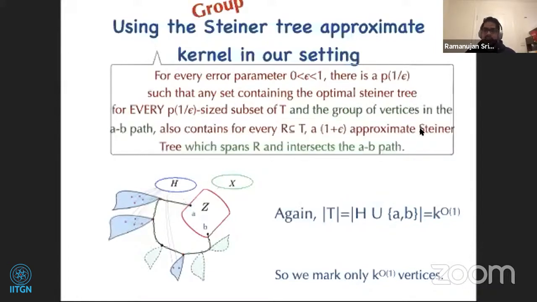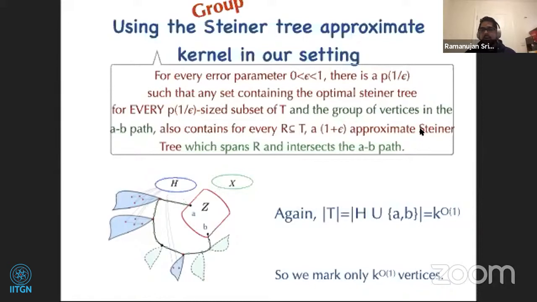Now, this Steiner tree lemma alone is not sufficient. You also need a slightly different variant for the group Steiner tree problem. But this is very similar to that. And indeed, you can actually reduce this lemma to the previous one. So the previous lemma is actually a subroutine in the proof of this lemma.